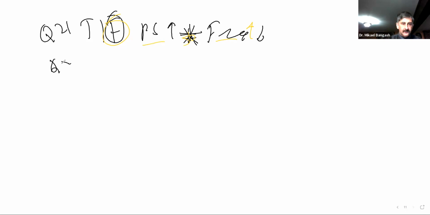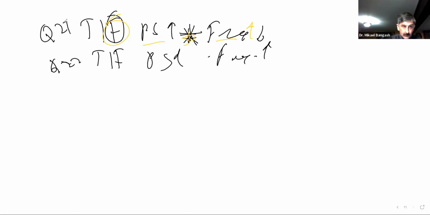Question 22 is false as well. Is it true to say that the propagation speed increases if the frequency increases? That was 21, sorry, so this is 22.